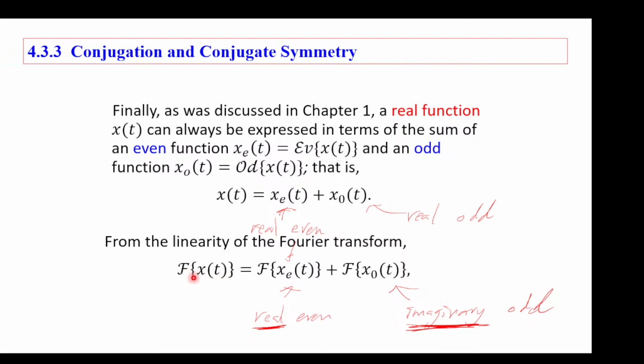We see the Fourier transform of x of t equals some real thing plus some imaginary thing. This is a real plus imaginary decomposition, and the real and imaginary decomposition is unique. So this corresponds to the real part of F of x of t, and this corresponds to the imaginary part of F of x of t.